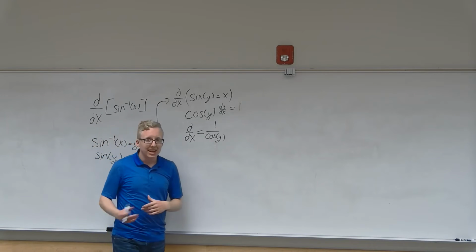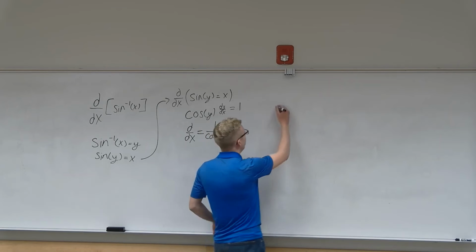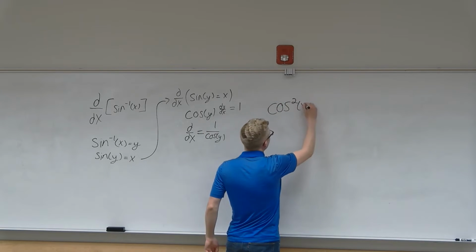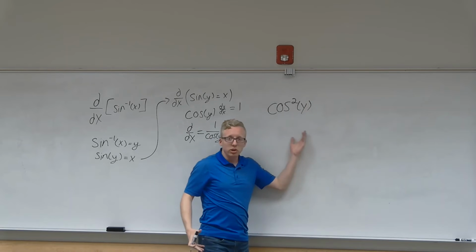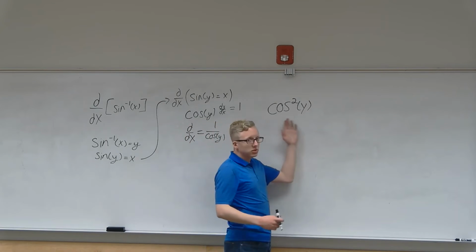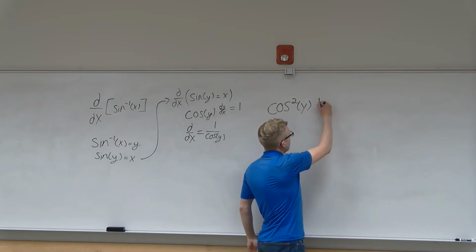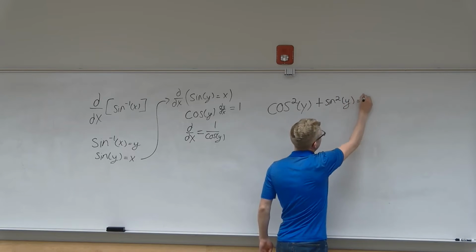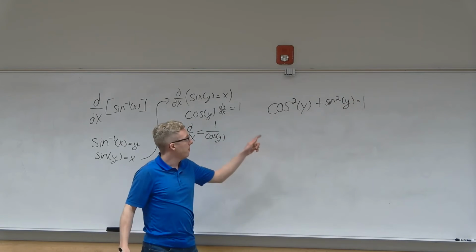We're going to use a trig identity that you're probably familiar with, and that is cosine squared y. Normally you'd say x, but because we're using y, I'm going to write y here. Cosine squared of y plus sine squared of y equals 1.